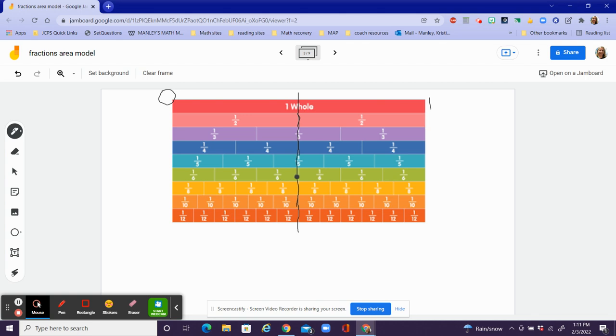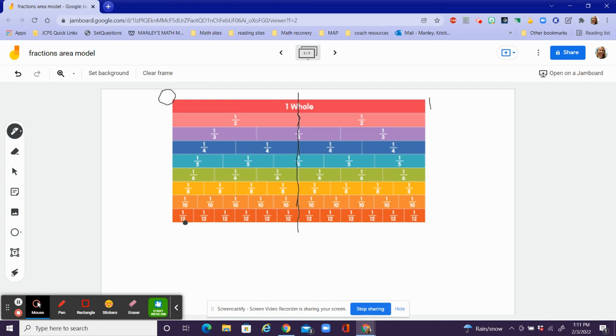Same amount of distance. I just partitioned it differently. What if I partitioned it into 8 pieces? Well, 1, 2, 3, 4/8 gets me the same amount of distance. If I did tenths, 1/10, 2/10, 3/10, 4/10, 5/10, same amount of distance.